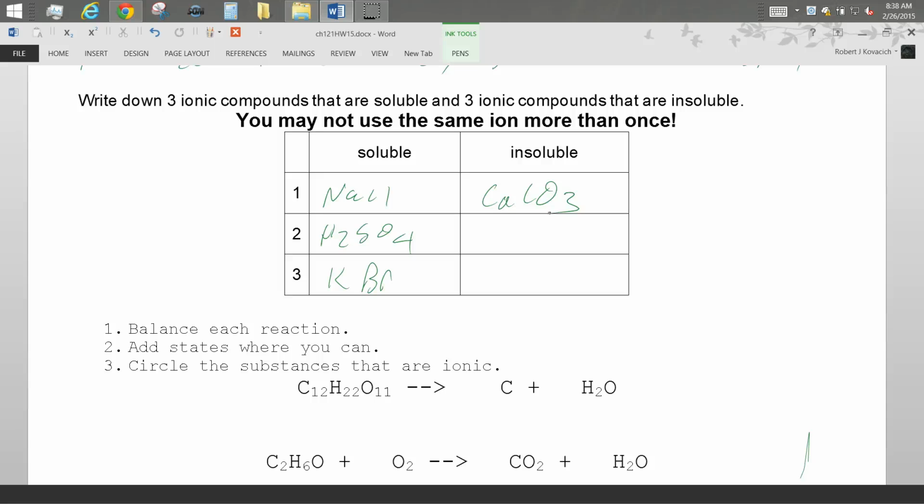You can't just say Mercury 1. Mercury 1 is an ion. We're looking for a compound. Mercury 1 iodine. Okay, great. Mercury 1 iodide, Hg2I2. That is insoluble for sure.